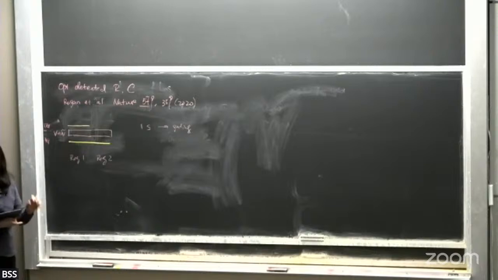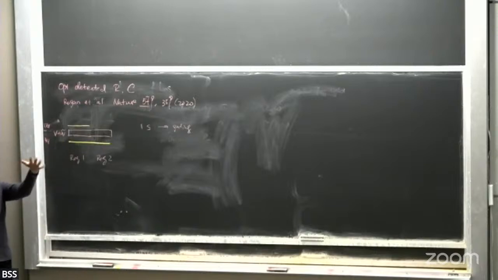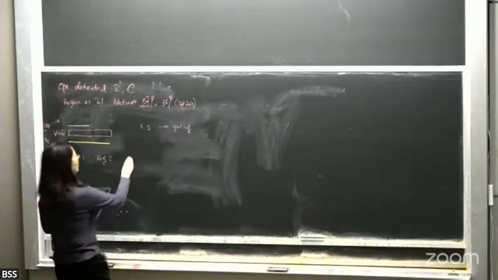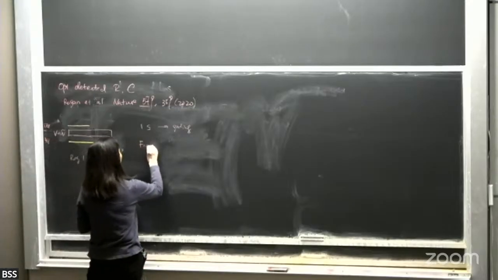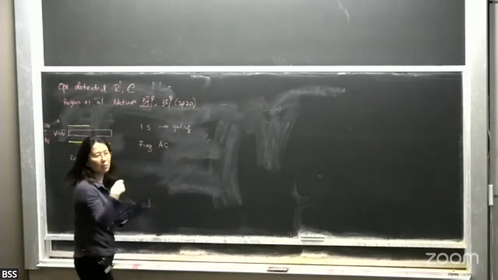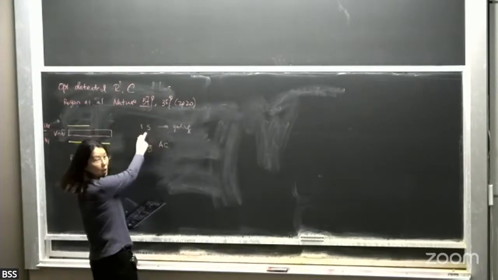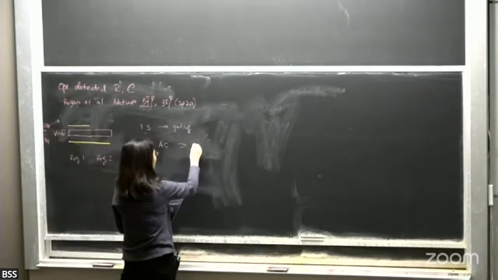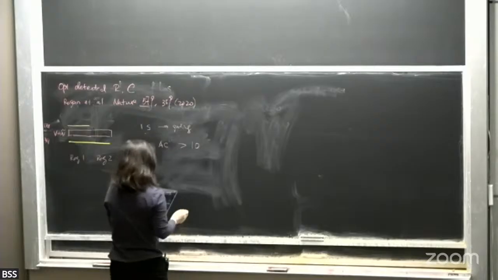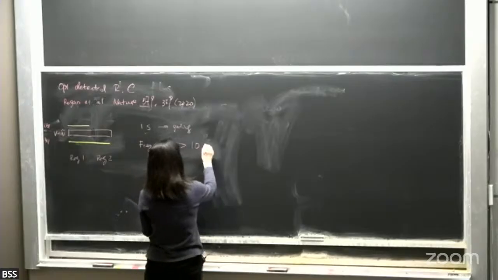But then for this AC voltage, you can change it very fast. So the frequency of this AC is much, much bigger than this one hertz, right? So this is 1 hertz. So let's say to be safer, let's make it bigger than 10 hertz, say.